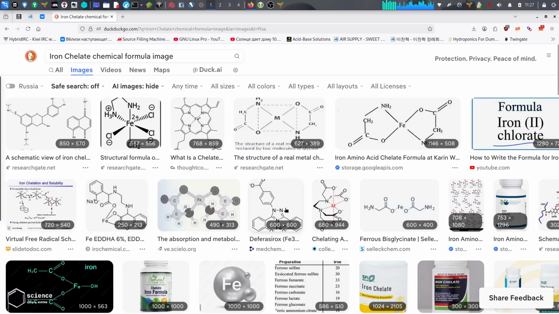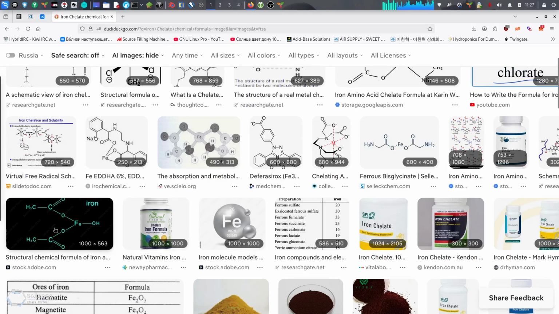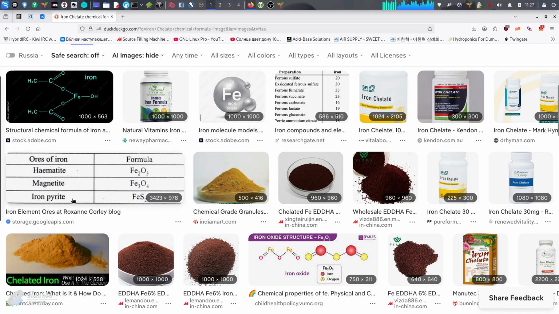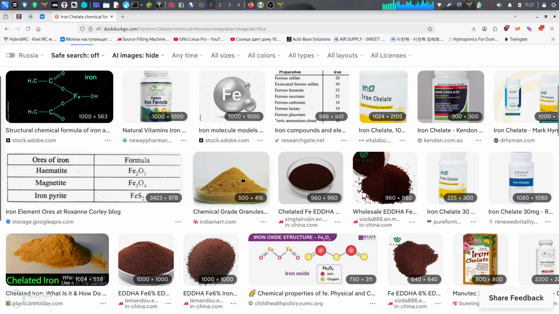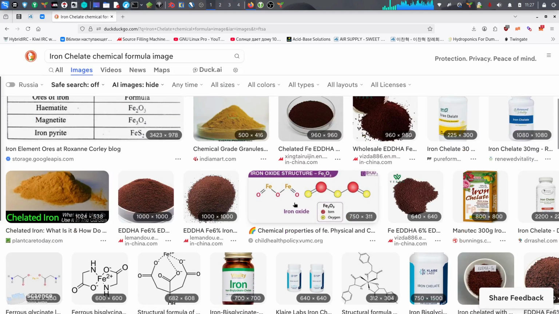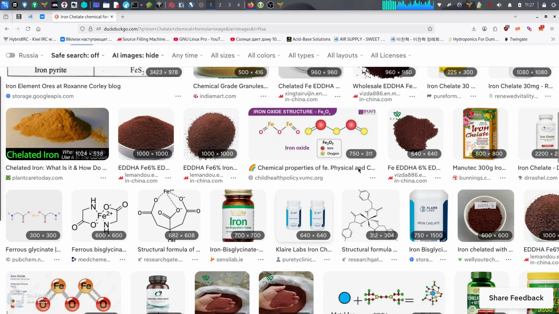Structure of the metal. We're gonna find iron pyrite, magnetite, hematite, chemical, iron oxide, iron oxygen.